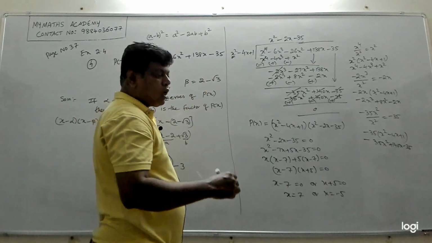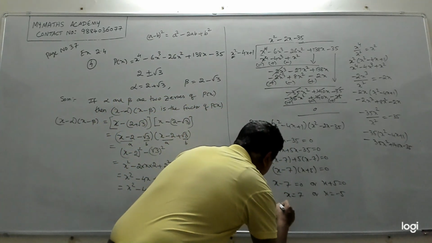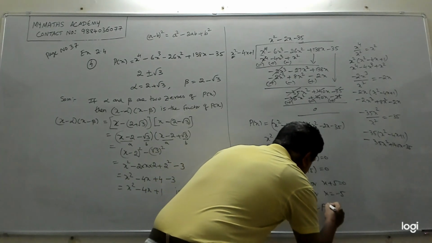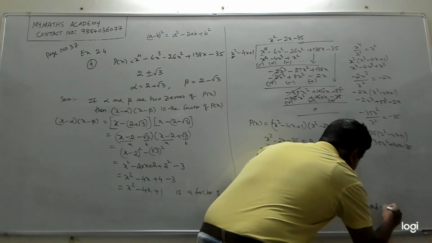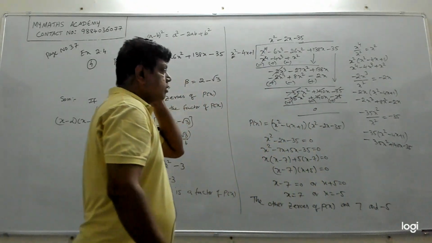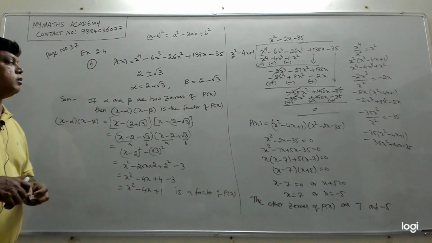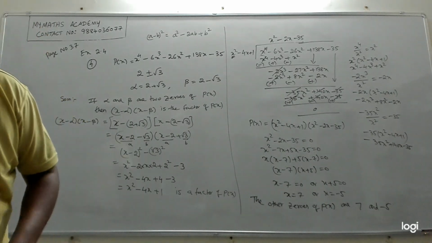The other two zeros are 7 and minus 5. So we say the other zeros of p of x are 7 and minus 5. Clear? So this is how we have done the fourth problem.